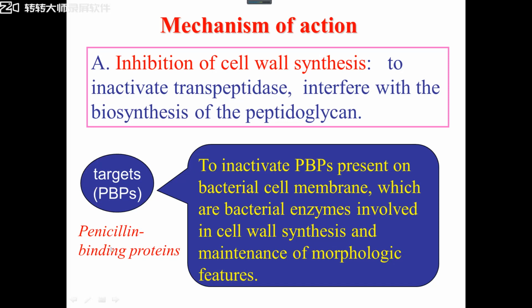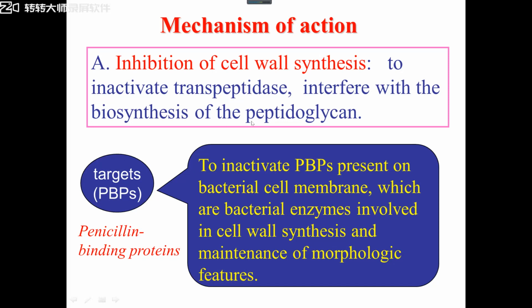Penicillin binds to its proteins. The target is PBPs, the penicillin-binding proteins, present on the bacterial cell membrane, which are bacterial enzymes involved in cell wall synthesis and maintenance of morphology.